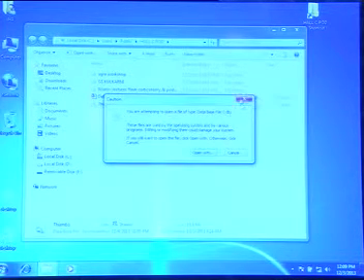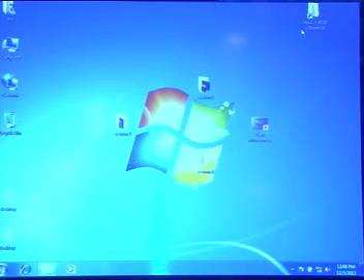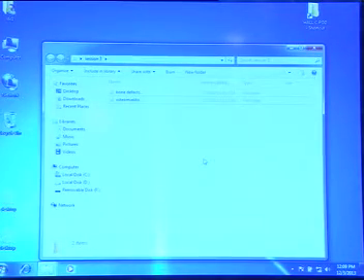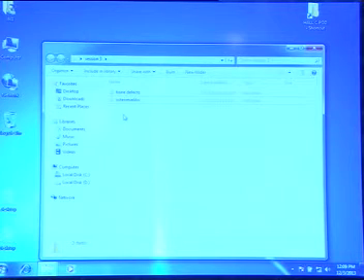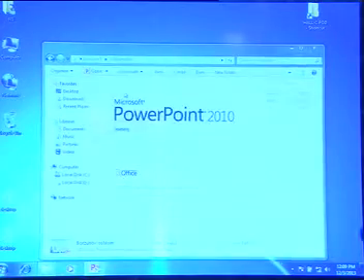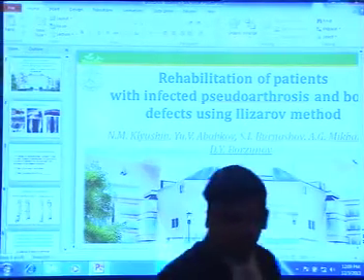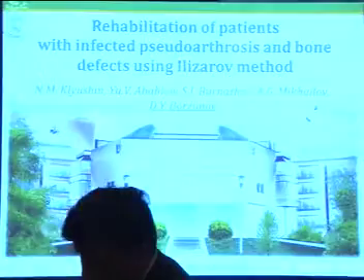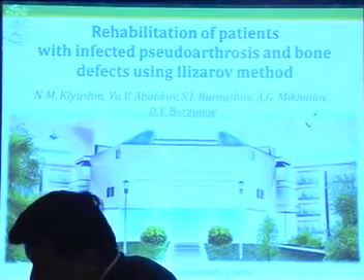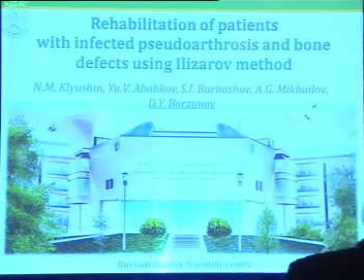Probably he is going to talk here. Bodygotomy and technique. Next session.